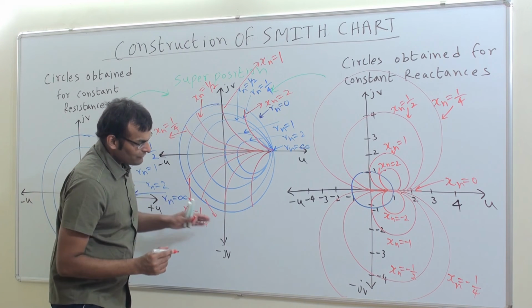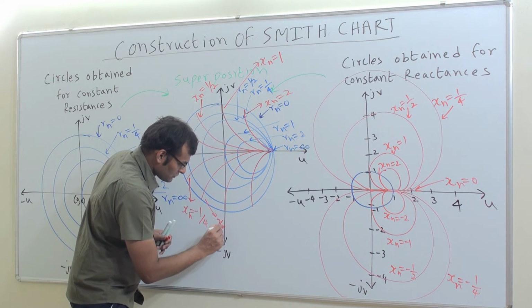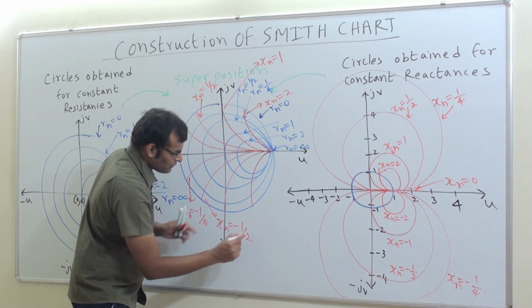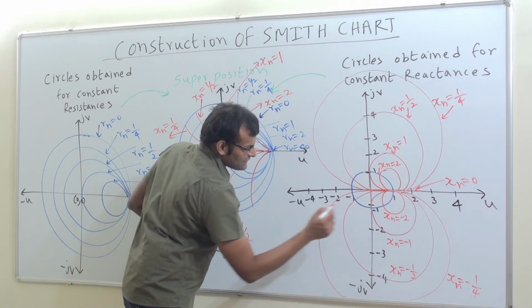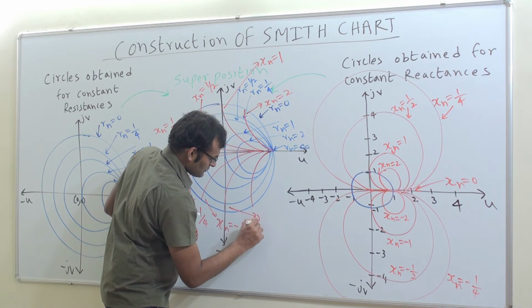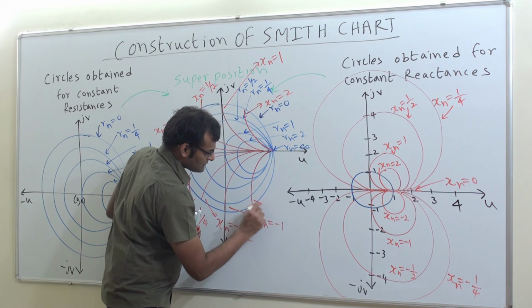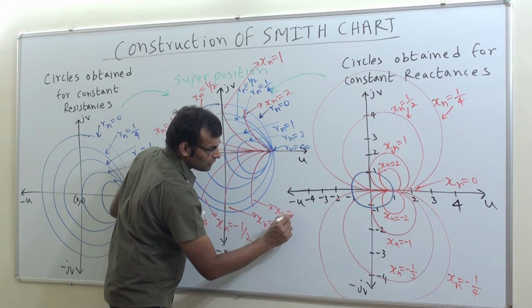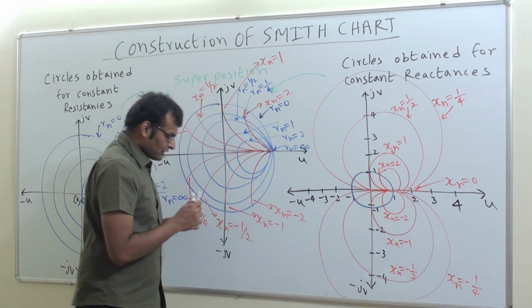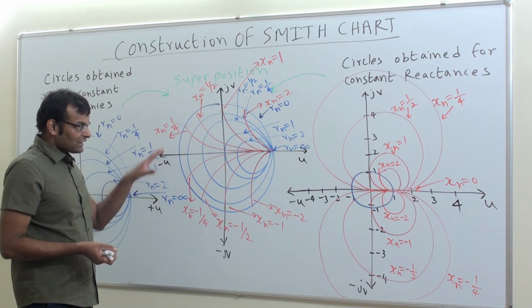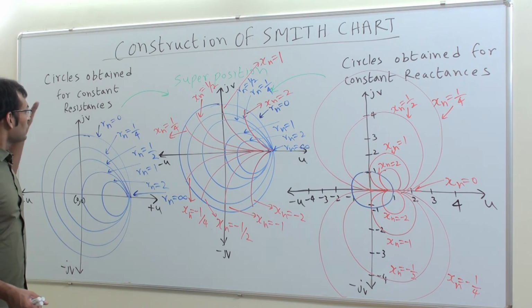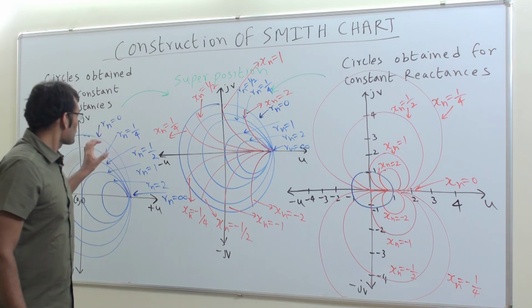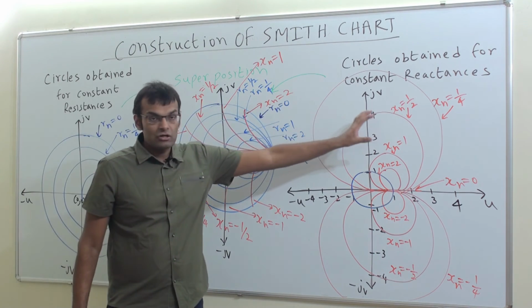And this line is Xn is equal to minus 1 by 2. And this line indicates Xn is equal to minus 1 and this is Xn is equal to minus 2. This is the basic form of the Smith chart that I get while superimposing the circles obtained from constant resistances and constant reactances.